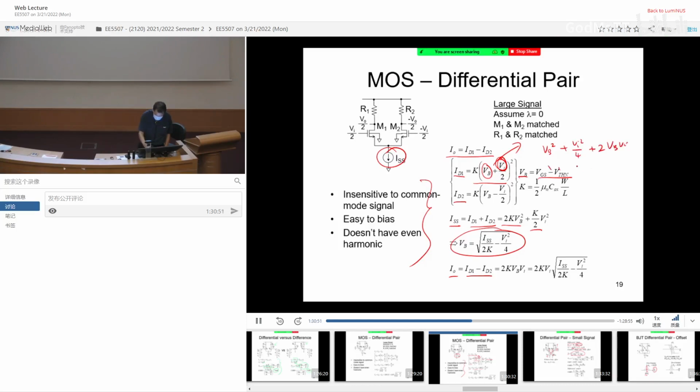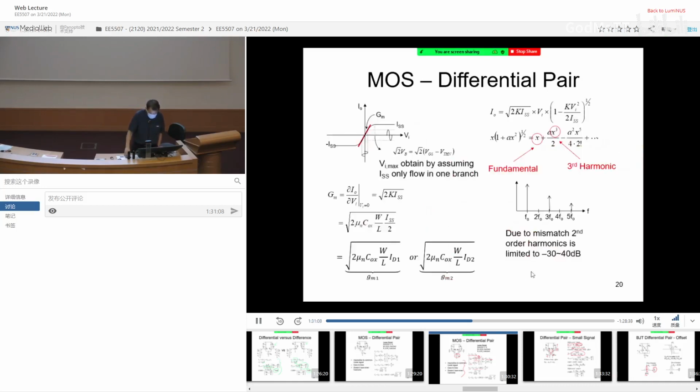The other one is the same, but becomes minus 2 VB VI. So you subtract the two terms, and that's why you end up with only this term. Then you substitute VB with what we derived over here, and therefore you end up with this VI term.